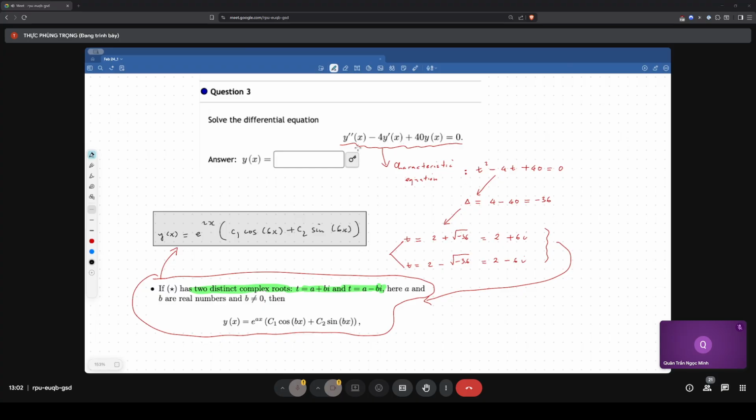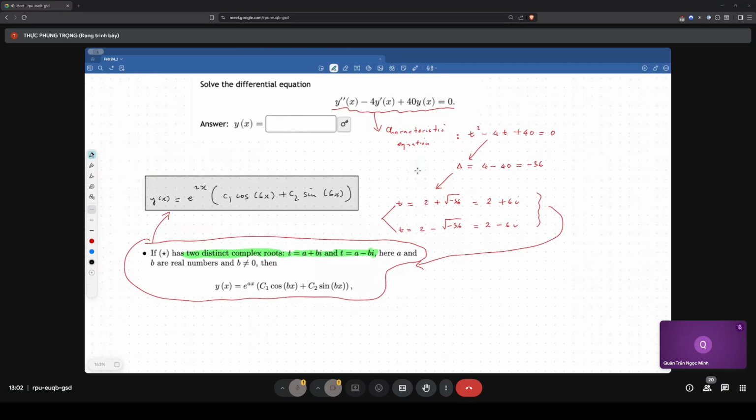For example, this homogeneous equation gives you many solutions. In fact, we have infinitely many, because anytime you consider different C1, C2, you get a solution, a particular solution. So you have many solutions for any homogeneous equation.